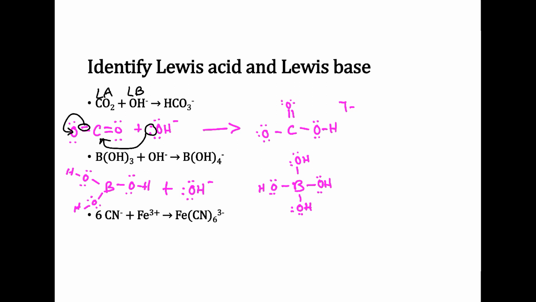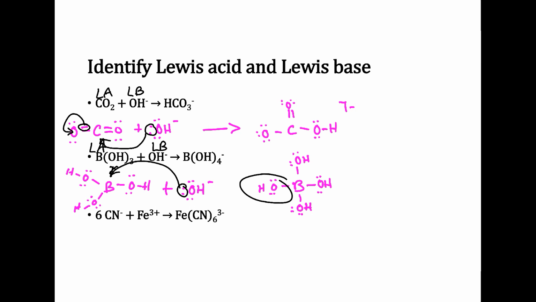As we look at this, we can try to trace what happened with the electrons. We gained another hydroxide compared to what was initially present over here. So this lone pair from the hydroxide came in. It was the electron pair donor, so the hydroxide would be our Lewis base, and BOH3 would be classified as our Lewis acid.